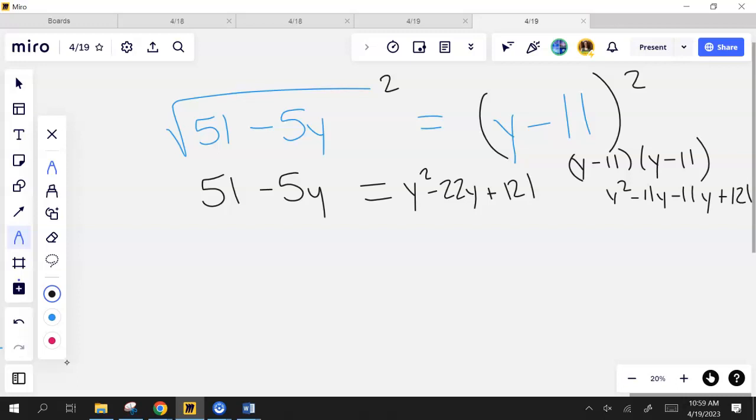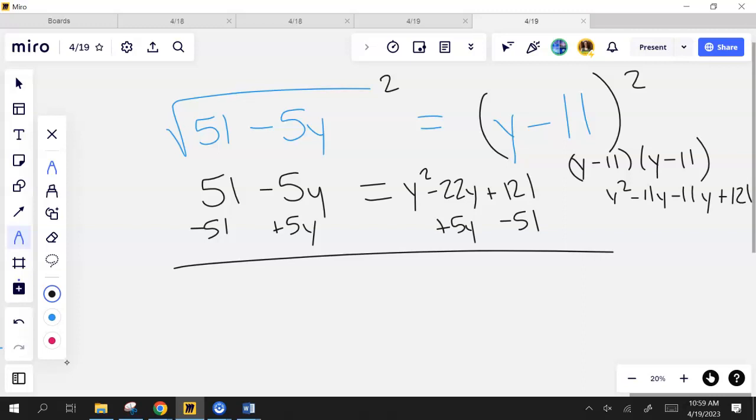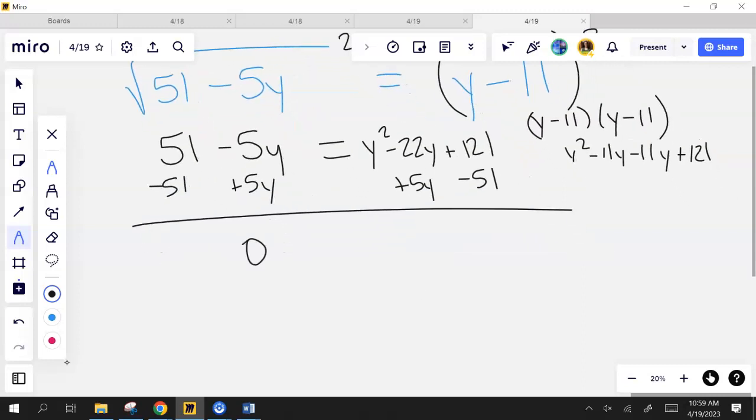And I don't want to use the quadratic formula unless I can't do anything else. That's my last resort. So I'm going to move the 51 and the 5y over to make one side equal 0. I hope you all remember how to do all this. We should definitely try to factor it before we do anything else.